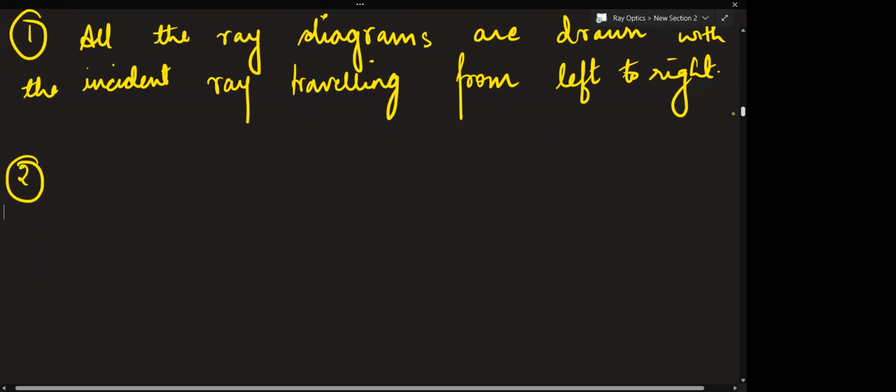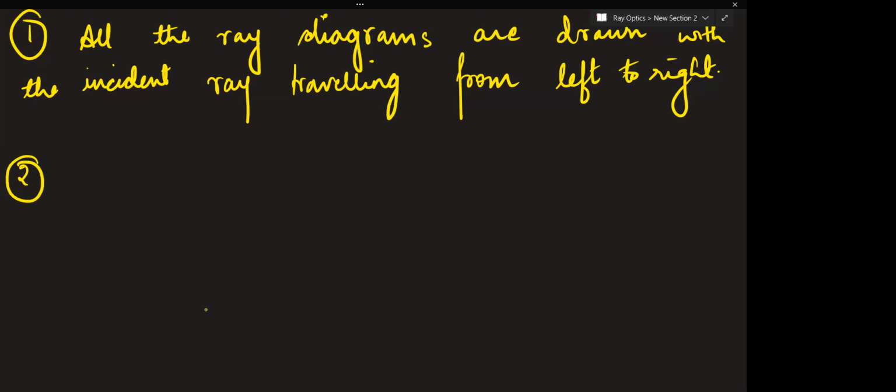Second point, distances are measured from where? What is the reference? Focus, center of curvature, pole, principal axis. What is the reference point from which we begin our distance? Pole. Yes, Fatima. This is pole.